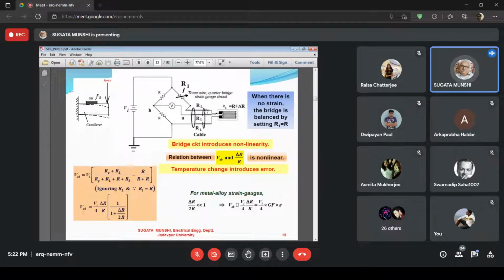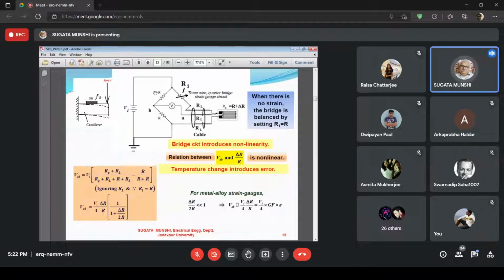Remember that RG, I am considering, consists of a resistance capital R plus change in resistance delta R due to mechanical strain. So what is done is that nominal value R, this is called the nominal value of the strain gauge, the resistance under no strain condition.